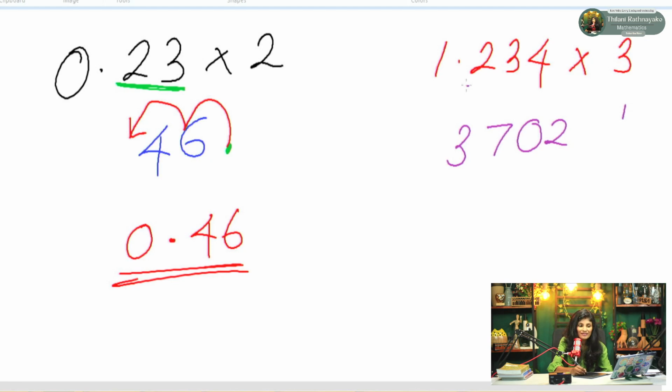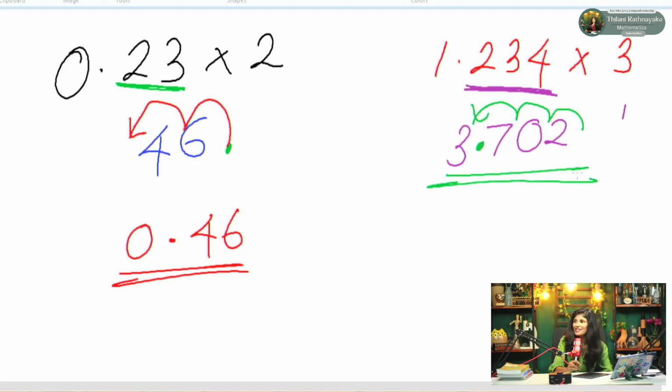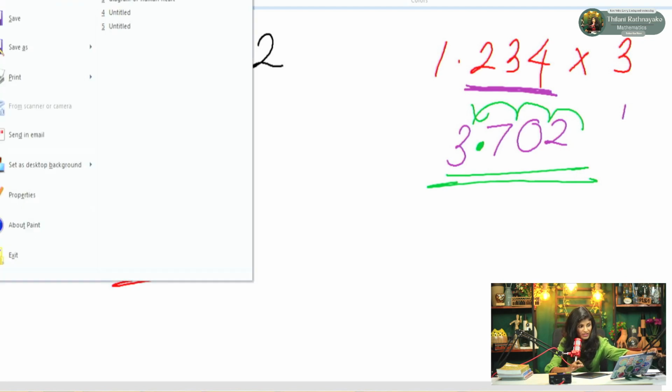In this question, we have 3 decimal places, so we have to carry 3 decimal places forward: 1, 2, 3. So the decimal place is here. Our final answer is 3.702.